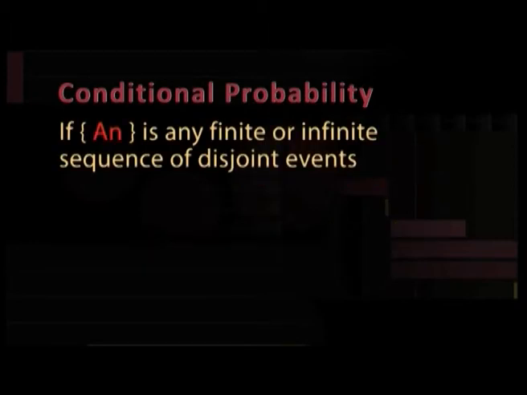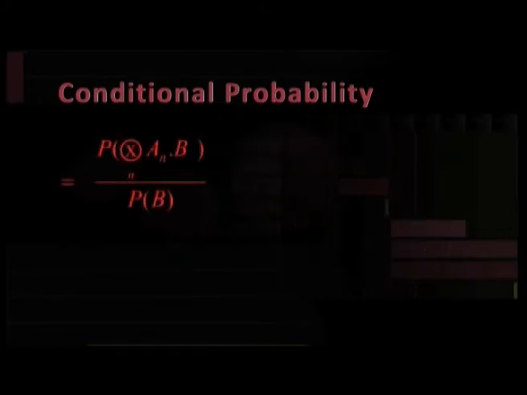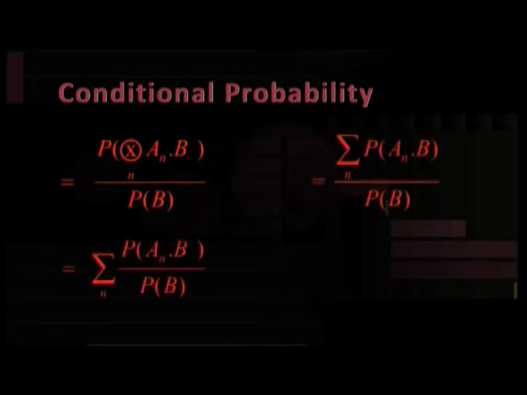If the set of A n is any finite or infinite sequence of disjoint events, then probability of union of A n given B is equal to the probability of union of A n intersection B divided by probability of B. Since the denominator is independent of n, we can take it inside the summation.